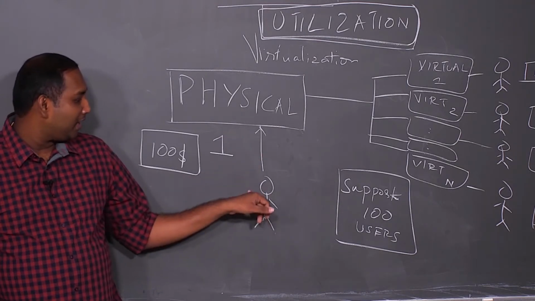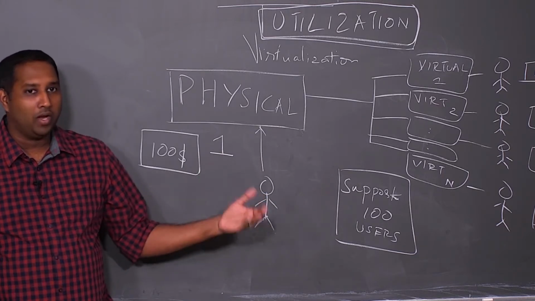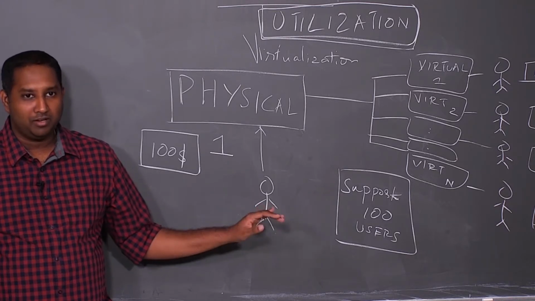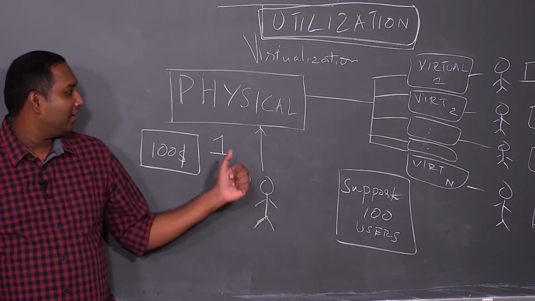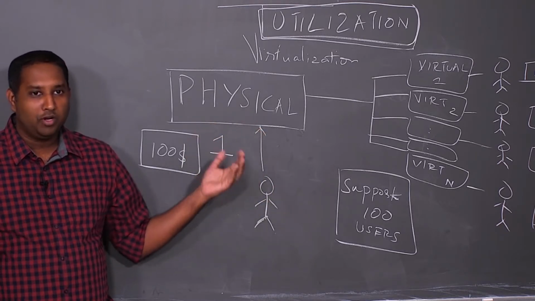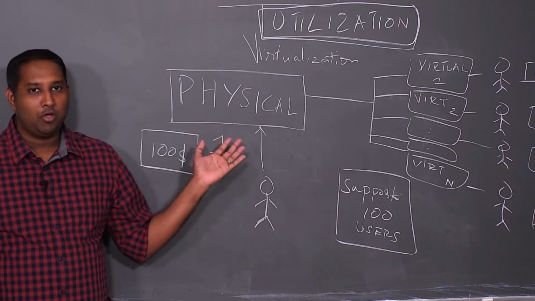Now, this guy is not going to pay $10,000, even though he's only using 1% of the resources, right? So there's an economics argument in here, right? So this guy, even though he's using 1%, is not going to pay the full cost of the server, right? So if you ask him to pay $10,000 per hour, he'll be like, no, not going to do it, right?